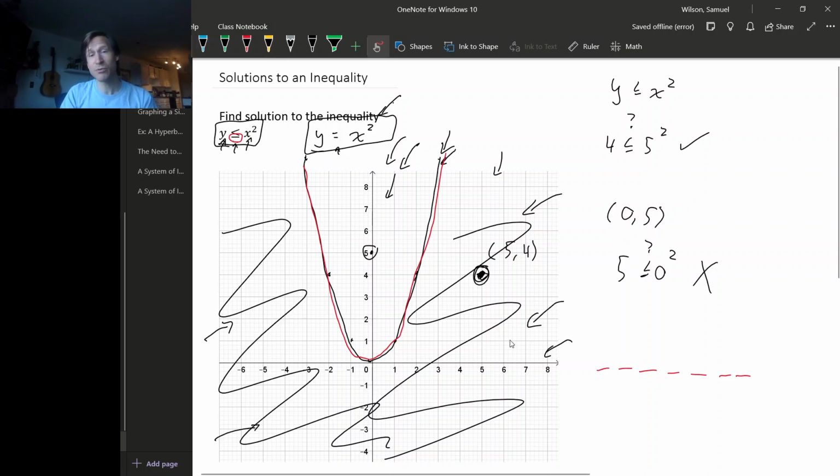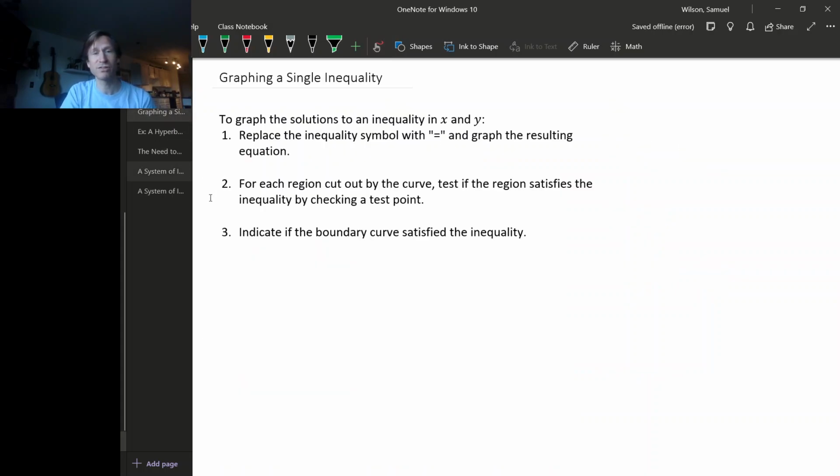So this trick that we figured out for this particular example actually works in general for graphing solutions to an inequality. So in general, if you have an inequality, what we'll do to sketch the collection of solutions is replace the inequality with an equals and graph the resulting equation, whatever it turns out to be.